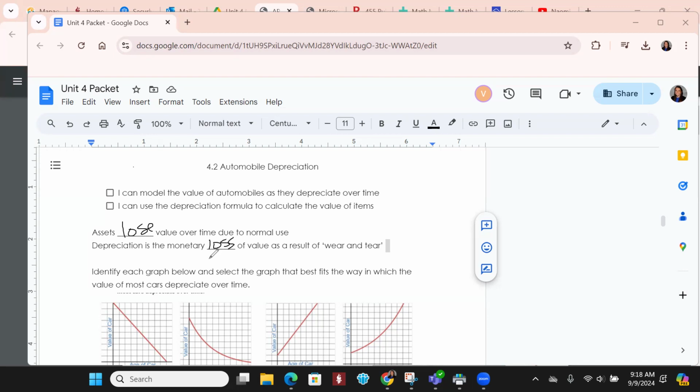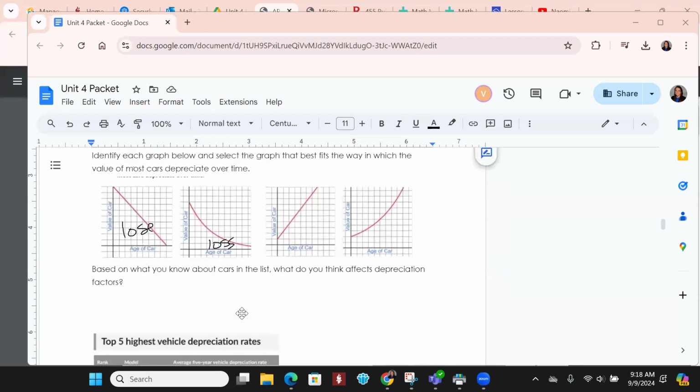Now, identify each graph below and select the graph that best fits the way in which the value of the most cars depreciate over time. So really quick, if you did not know, okay, looking at this class, this right here is a linear function. This right here is a exponential. And this is decay.